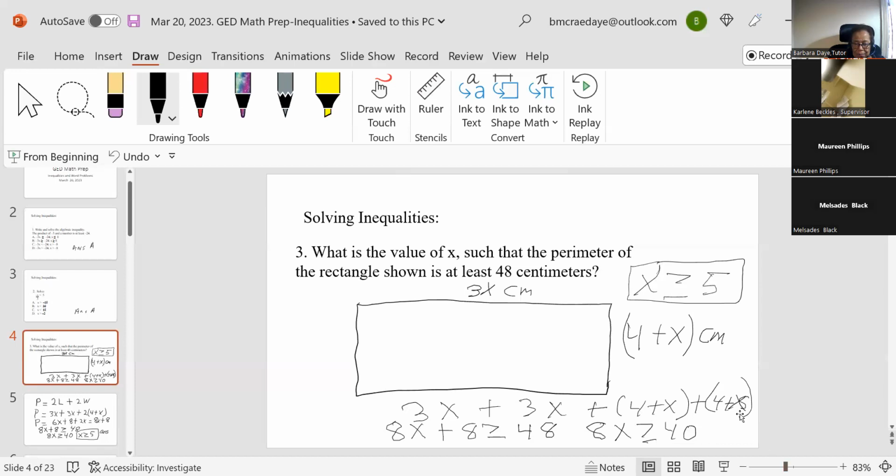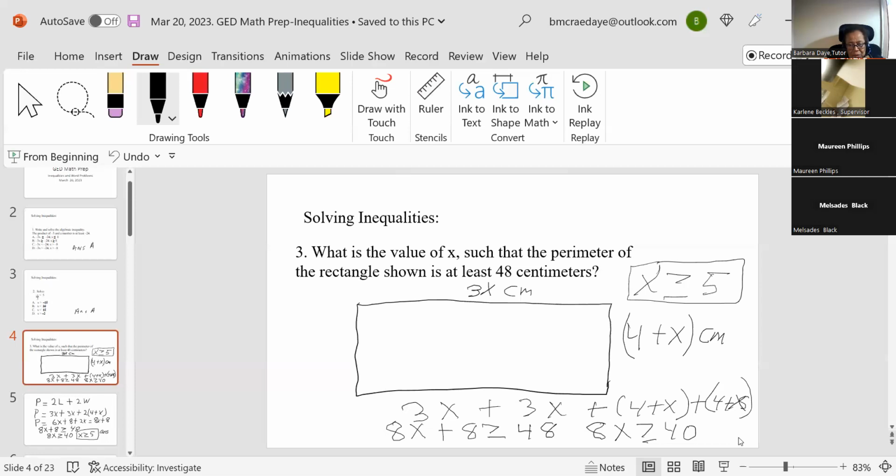So you're saying that the 2 long sides will have 4 each, and the 2 short sides have 3 each? No, that's not what I'm saying. I'm saying you have 3x for 2 sides, and you have 4 plus x for 2 sides. Yeah, but that's not my question.